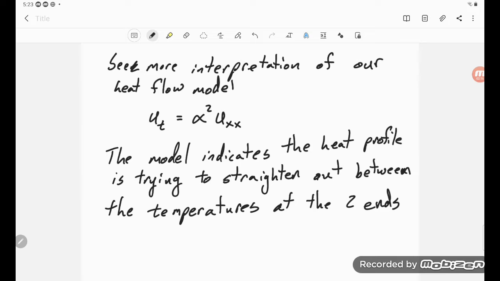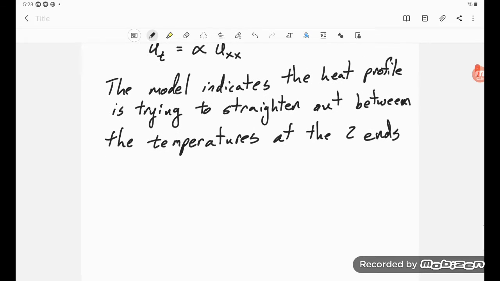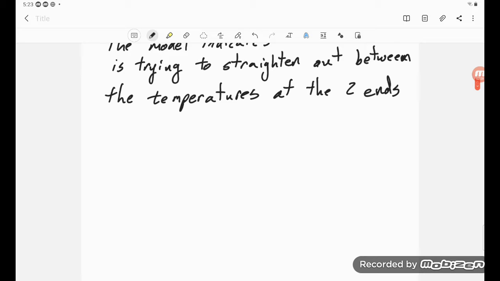Okay. So as we saw, as we looked at possible graphical interpretation of what's going on, we had that end up as a straight line. So now, where are we getting this? Okay, so let's just take some sort of curve like this, and let's look right here. So this is U of x and t.